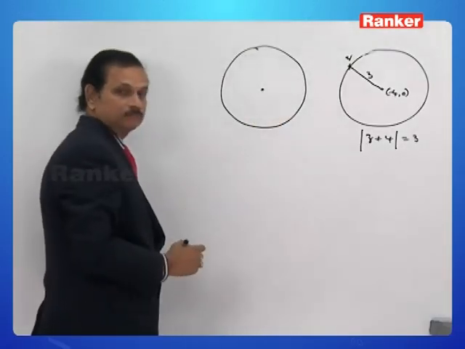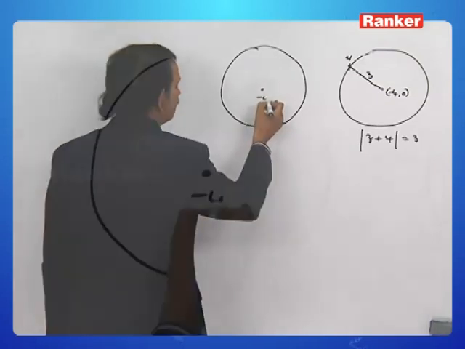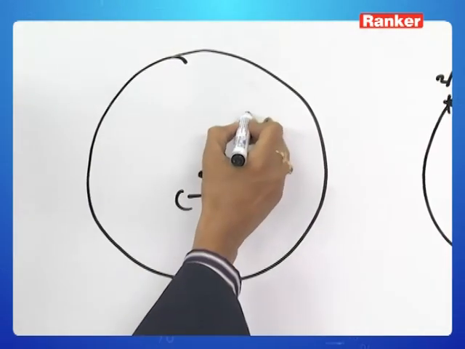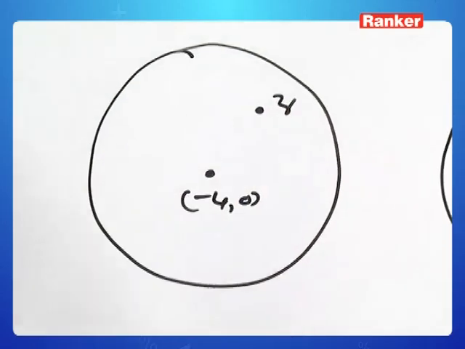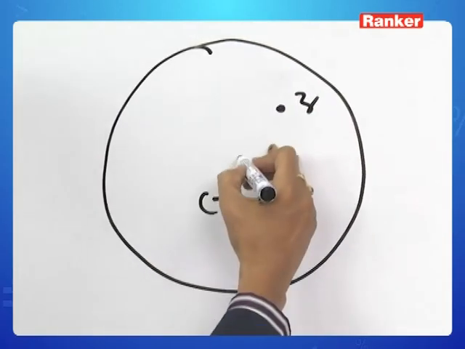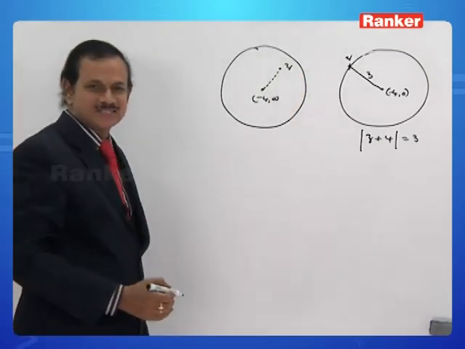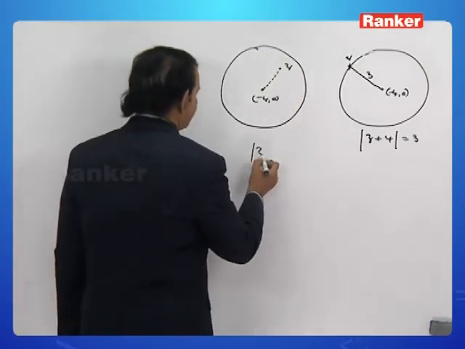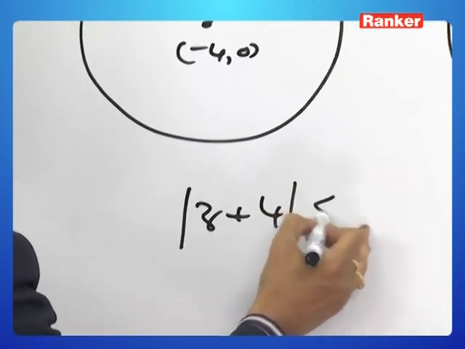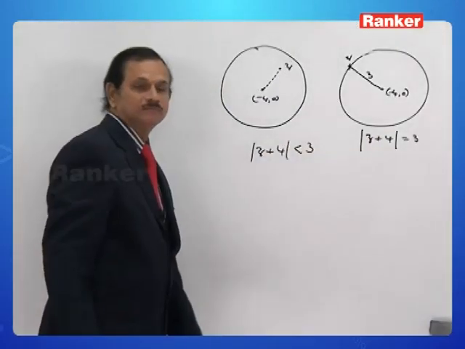The same circle, center is -4, 0. Imagine that the complex number z lies in the interior. Then what should happen? This distance must be less than the radius, isn't it? That is, mod z plus 4 is less than the radius, that is 3.